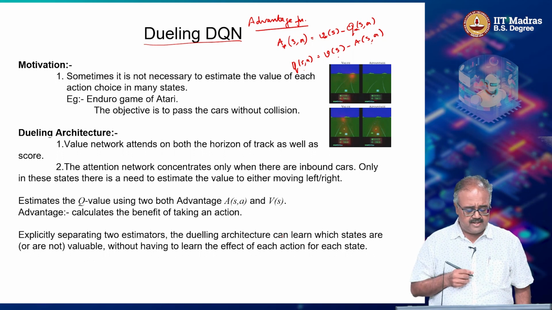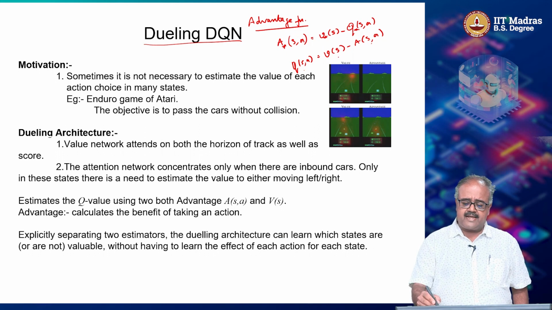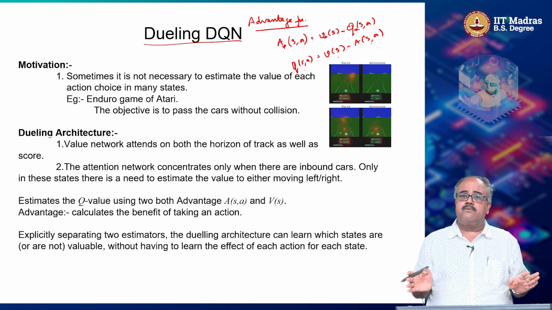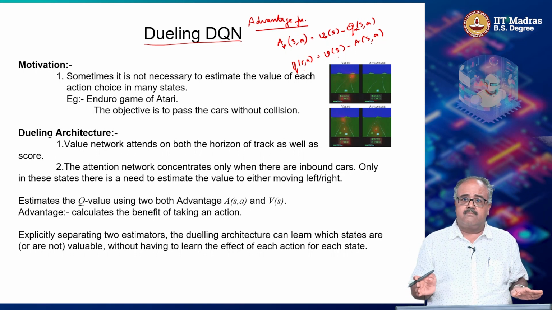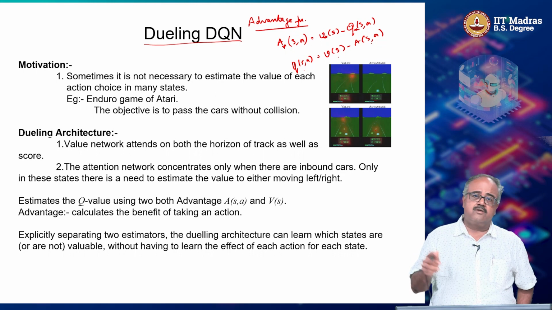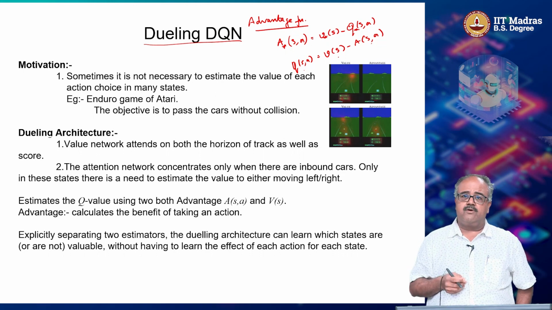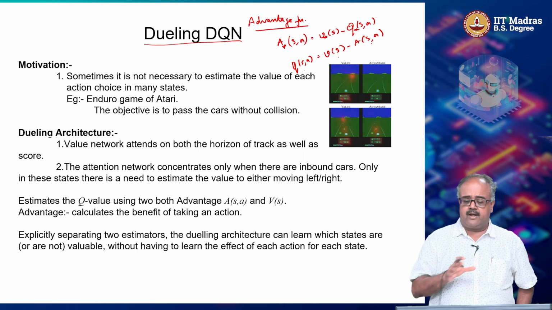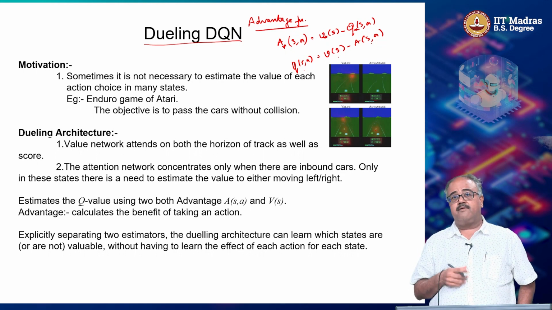So that is basically the idea here, and the reason is in many cases the A itself will be uniformly 0, because all actions are equally good. So for most of these actions A will be 0. So for many cases I don't really have to worry about learning A, all I need to do is worry about learning the V function.